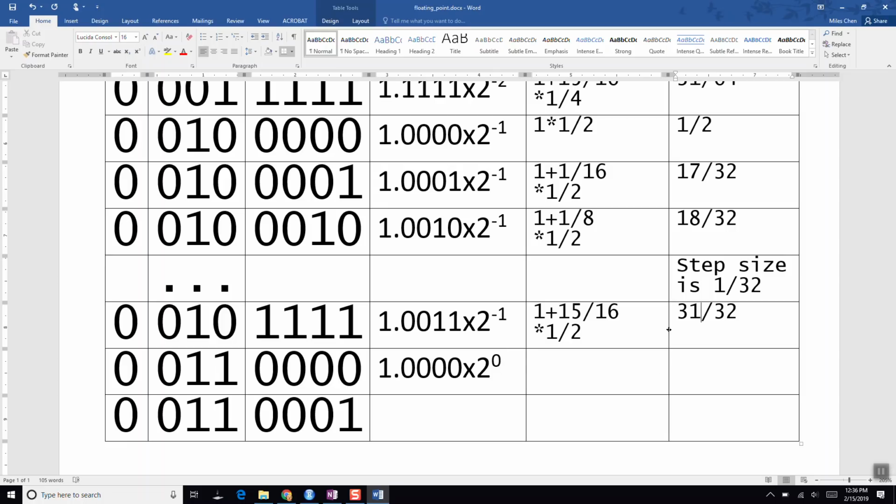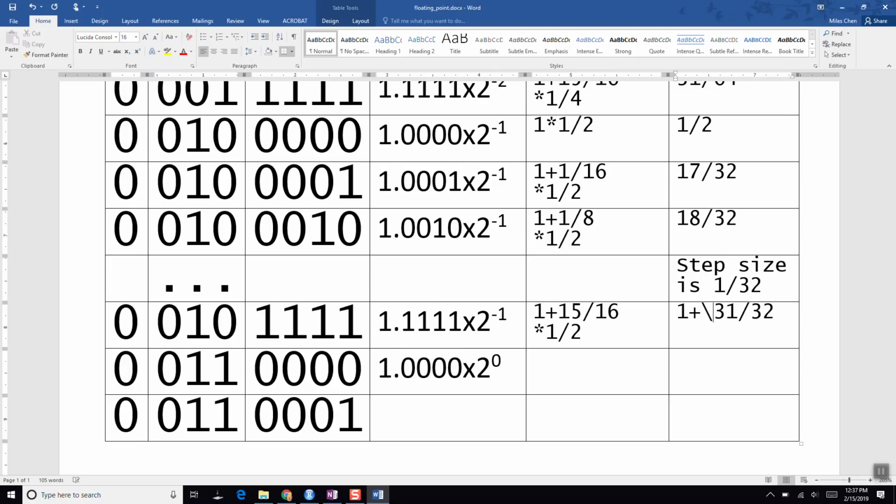Oh, maybe this is 1 and 30 seconds? Hold on. It's not. Oh, I wrote this wrong. I meant to write the largest here. So 1 and 15/16.